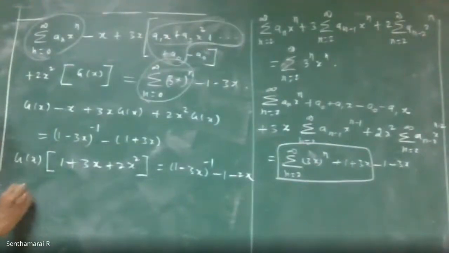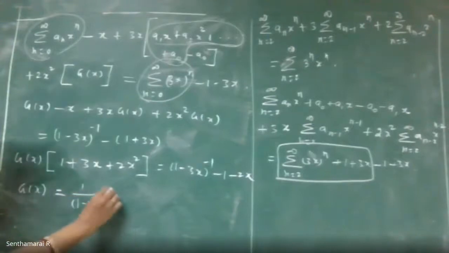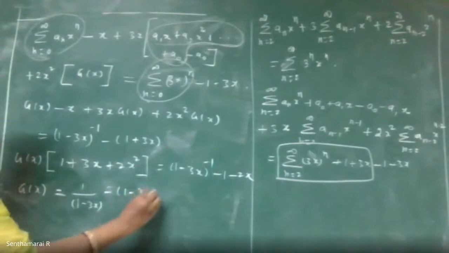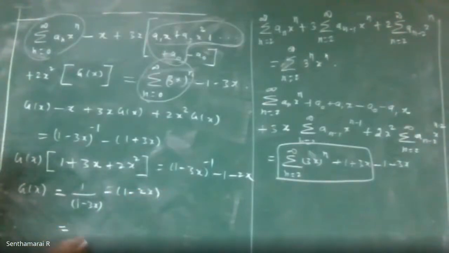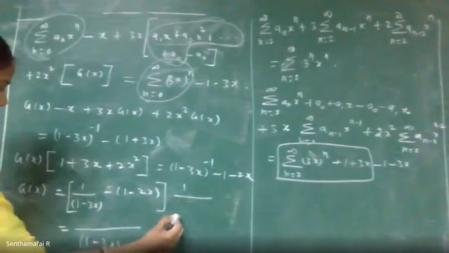Now this is g of x equal to 1 by 1 minus 3x plus or minus 1 minus 2x. That is equal to 1 minus 3x, I brought this step here.